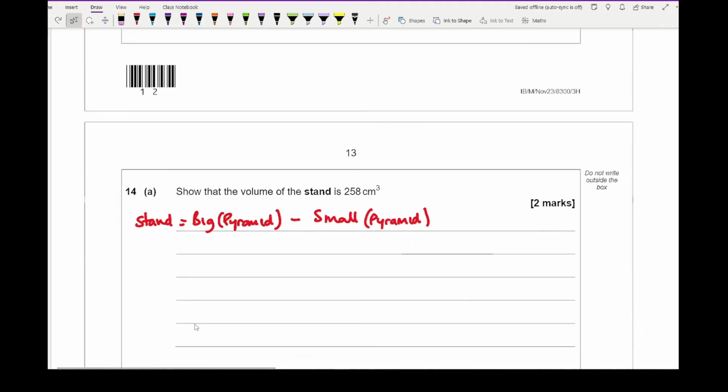So for the big pyramid, it's going to be a third multiplied by the base area, which is 8 squared, which is 64, multiplied by the perpendicular height, which is 16. And then for the small pyramid, that's going to be a third multiplied by the square base, which is 5 squared, which is 25, multiplied by the perpendicular height, which is 10.